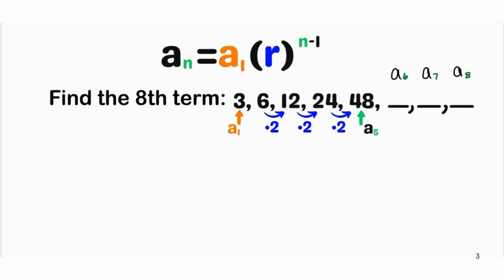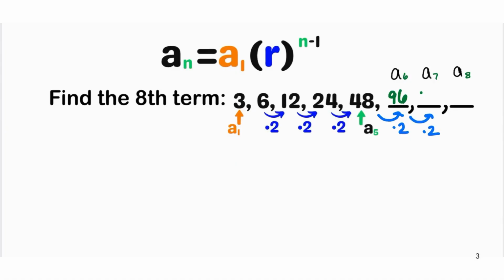And we can do this really easily by simply continuing to use that common ratio. So if I multiply the 5th term by 2, continuing that pattern, I'm going to get 48 times 2 is 96. So 96 is the 6th term of this sequence. And now I'm just going to continue that pattern. So now I'm going to multiply the 6th term by 2 to get me the 7th term.